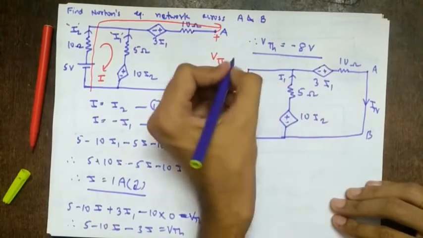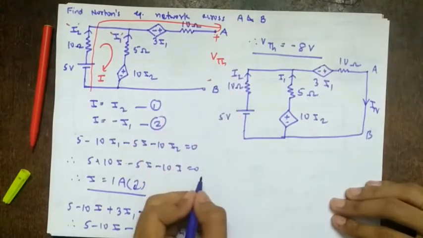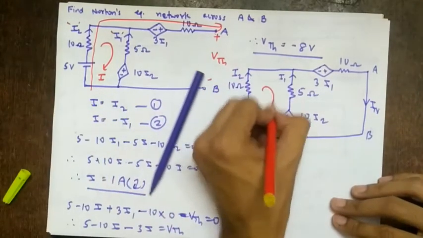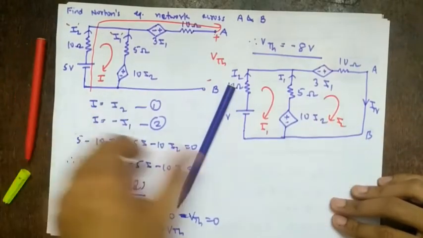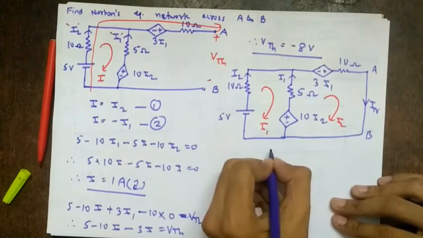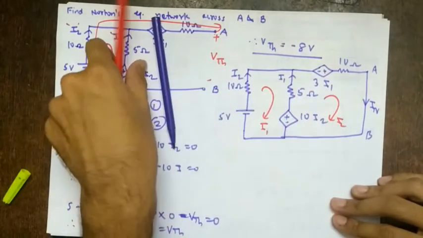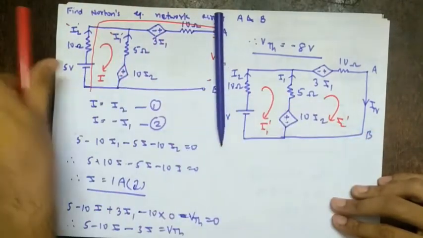This is I1, this is I2. Am I correct? Yes. So again take clockwise currents I1, I2 and write the equations for dependent variables. We cannot take I1 and I2 because I1, I2 is already given here. So let's say they are I1 prime, I2 prime.